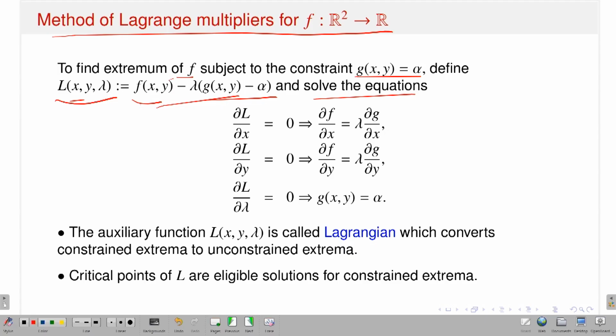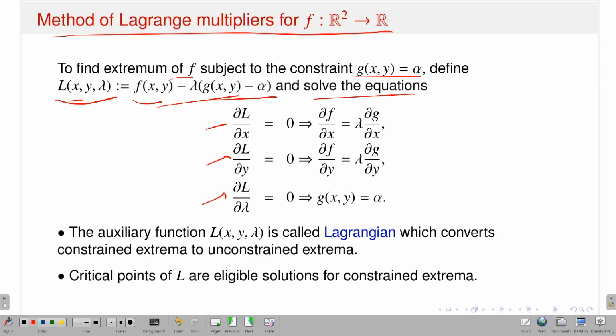In other words, the partial derivatives of L with respect to x, y, lambda exist: the partial derivative of L with respect to x, with respect to y, and with respect to lambda. You have to calculate these first order partial derivatives, equate them with 0, and get the equations. That's what the earlier method says.